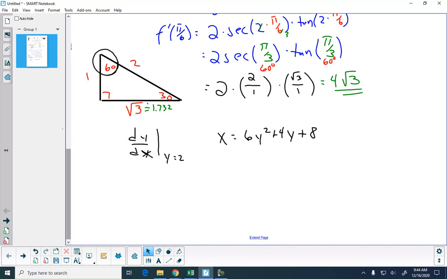Okay, dy/dx. So take the derivative of x. Then we take the derivative of 6y squared plus 4y plus 8. So go ahead and take your derivative, and you're going to have to do this implicitly.